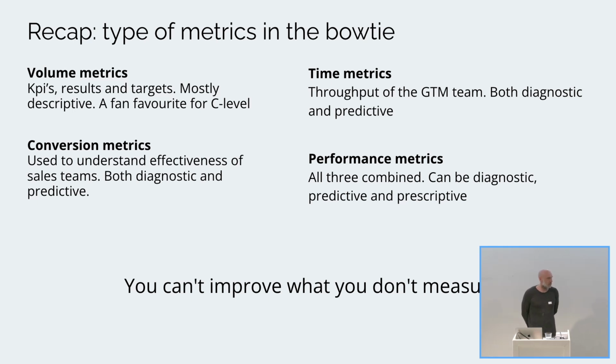So if you have a C-level dashboard, probably you only have volume metrics on there. Conversion metrics tell you something about the effectiveness of sales teams, for example close rates or even lead to deal conversion rates. And time metrics: how long does it take to go through the pipeline? And if you can combine them, then you have the most powerful ones.